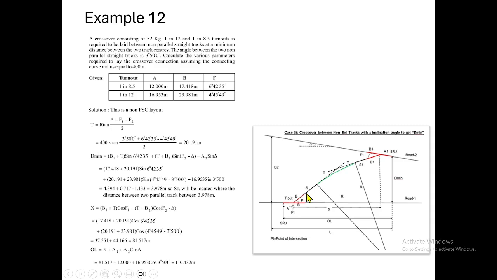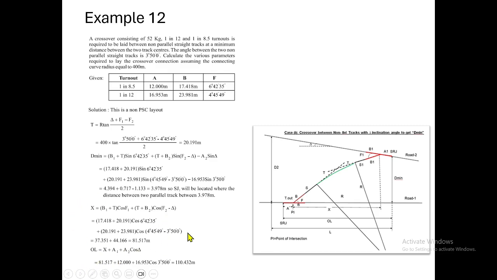If you fix it exactly, we'll have the heel of crossing, then the perfect connecting curve, then the curve will exactly join at the tangent point, the heel of crossing. Now for x we take the cos formula, and we find x equal to b1 plus t cos f1 plus t plus b2 cos of f2 minus delta. Substituting here we get 81.517 meter.